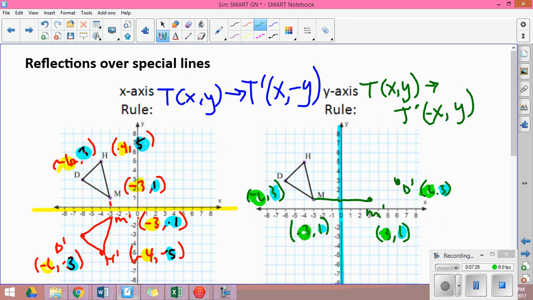Does that work for H? H is at -4, 5. So we do the opposite sign, which is +4, same y, and H prime is happily right where we expect it to be. And when we connect those dots, our figure looks just like the original.